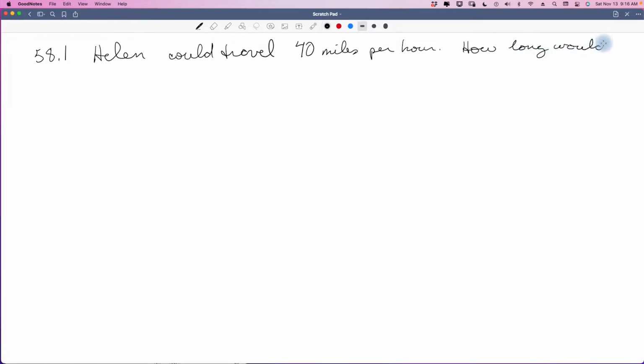So Helen could travel 40 miles per hour. So 40 miles per hour, right? How long would it take her to travel 6,000 miles?